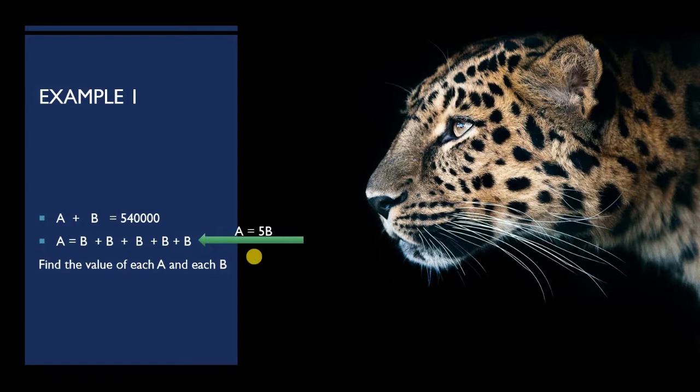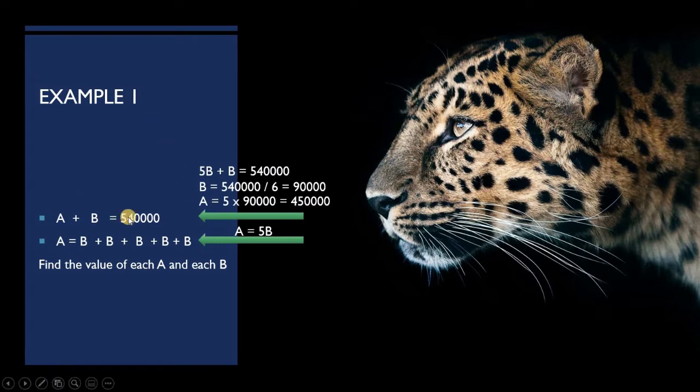So we replace A in the first condition with 5B. 5B plus B is equal to 540,000. Then 6B is equal to 540,000.